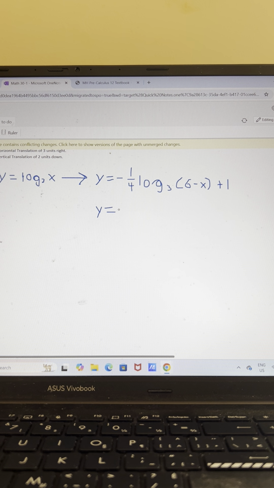Y equals negative 1/4 log 3 of negative x minus 6 to get the x in the front, plus 1. And now from here we can start listing our transformations.